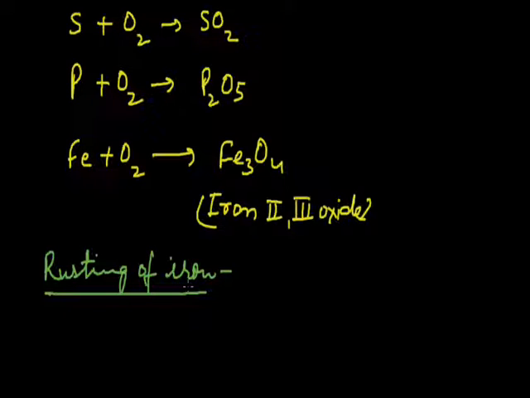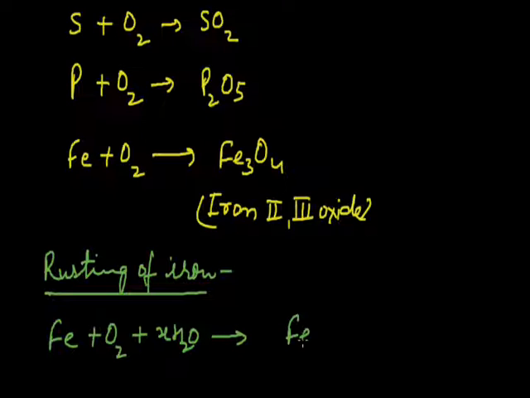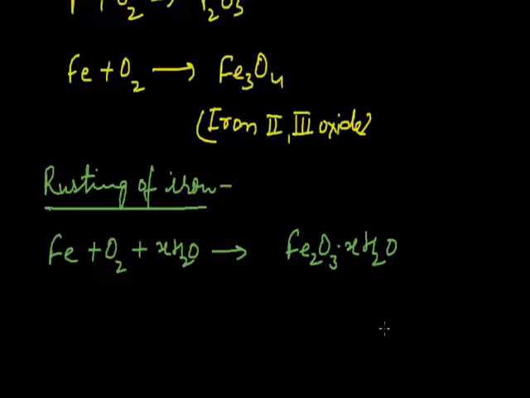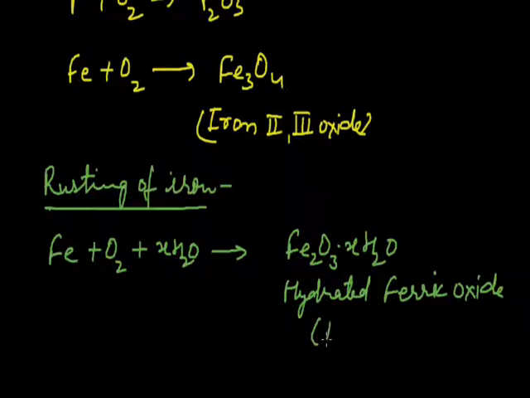The presence of both oxygen and water is required for rusting of iron. Fe reacts with O2 in presence of H2O, forms Fe2O3.xH2O, that is hydrated ferric oxide. It is chemically rust.